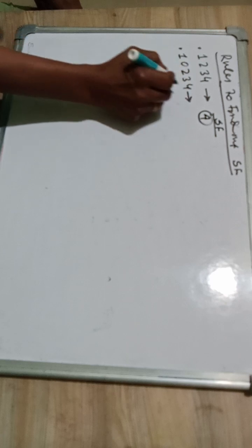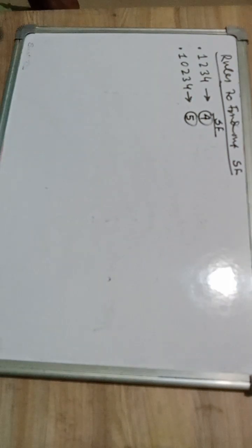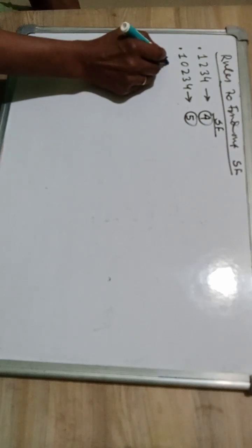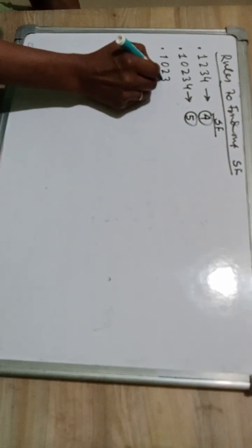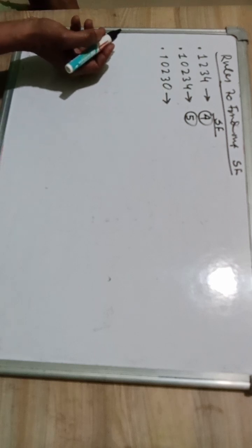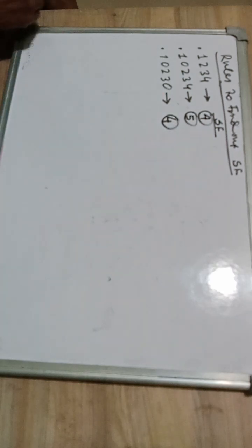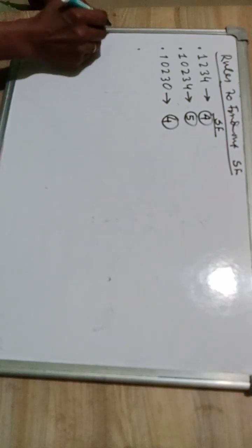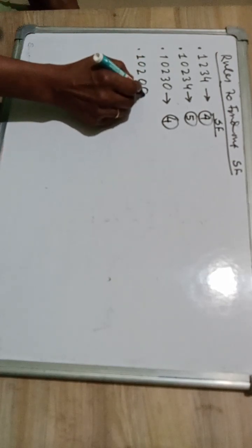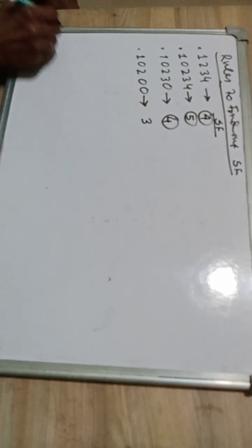The significant figures will be 5. Suppose we got 1, 0, 2, 3, 0. The significant figures will be 4. Suppose we have 1, 0, 2, 0, 0. Significant figures will be 3.